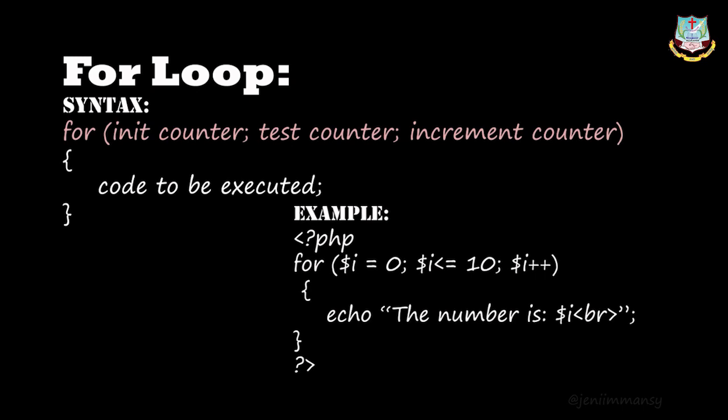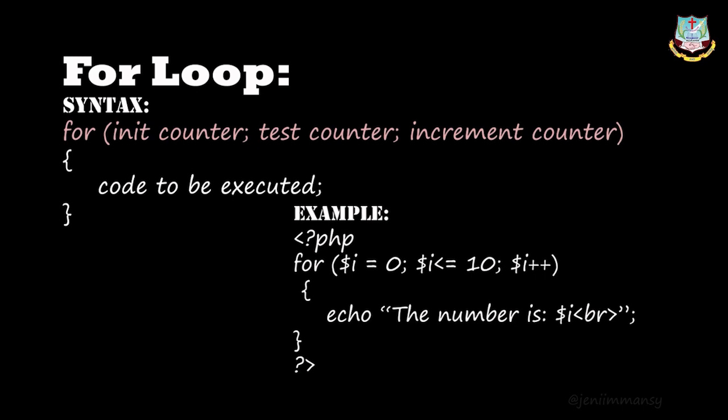So the i plus plus increment operator is also used here, and the statement they have given inside this for loop is echo the number is, and whatever value of i comes, it will be displayed. Then they have closed the for loop bracket, and then the PHP closing tag, that is question mark and the greater than symbol. This is about the for loop.